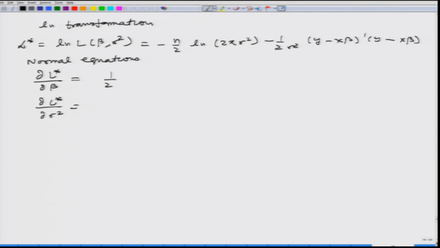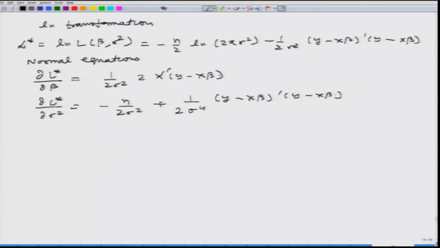We obtain 1 over 2 sigma square times twice X transpose (y minus X beta), and minus n over 2 sigma square plus 1 over 2 sigma to the power of 4 times (y minus X beta) transpose (y minus X beta), right. And we put them equal to 0. So, now we have two likelihood equations, 1 and 2.